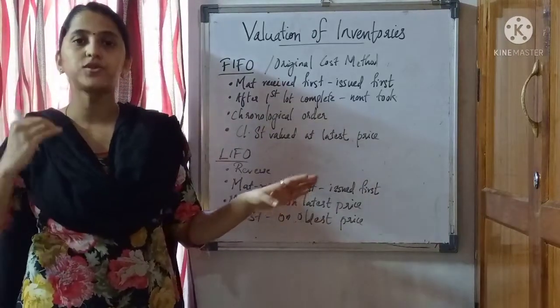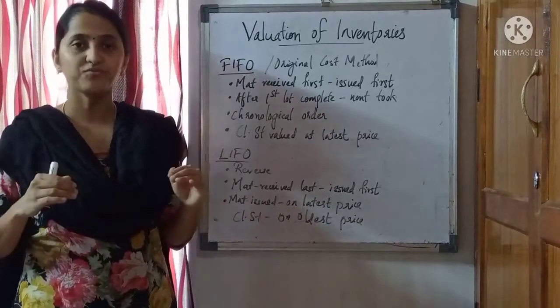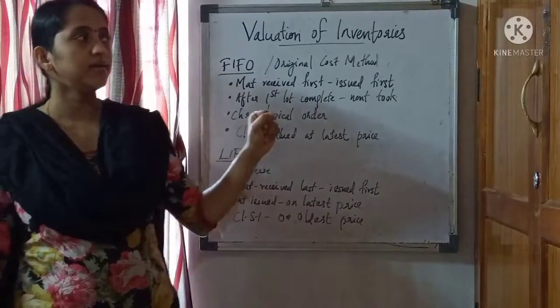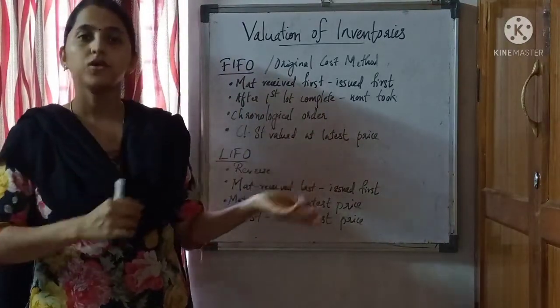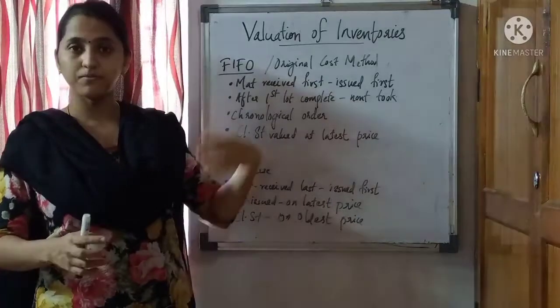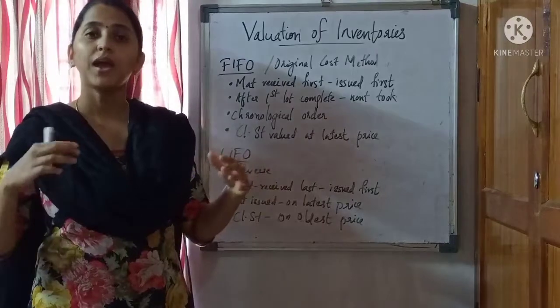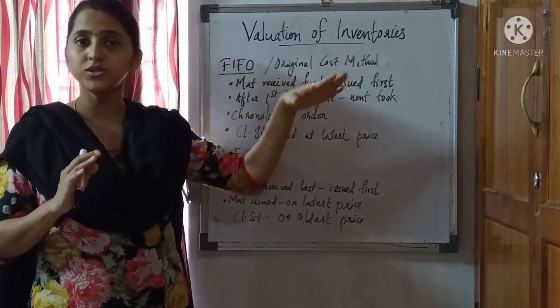According to the date or time of receipt of material, we issue the materials. So here we issue materials from the oldest. Materials will be valued from the oldest, the first material procured, and issue will be made, and so on. Then there will be closing stock held.